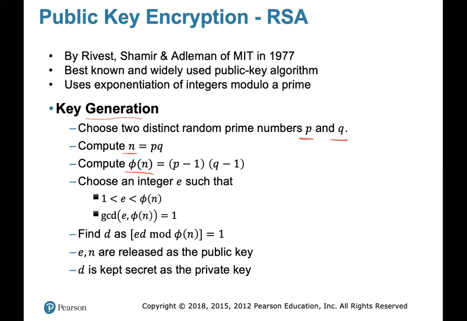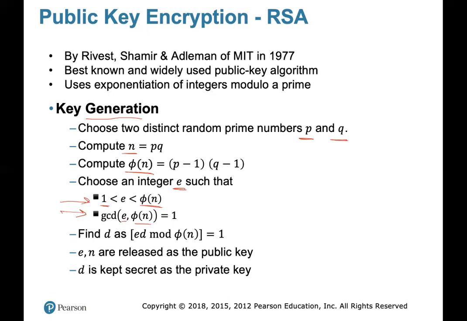An integer E should be chosen with these 2 properties. E should be selected from 1 to phi n. It should be smaller than phi n and greater than 1, and also it should have the greatest common divisor of 1 with respect to phi n.